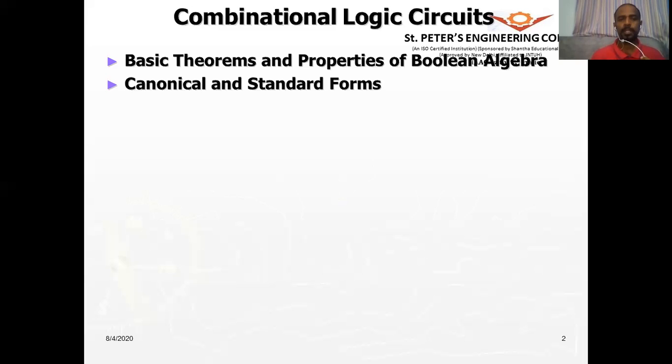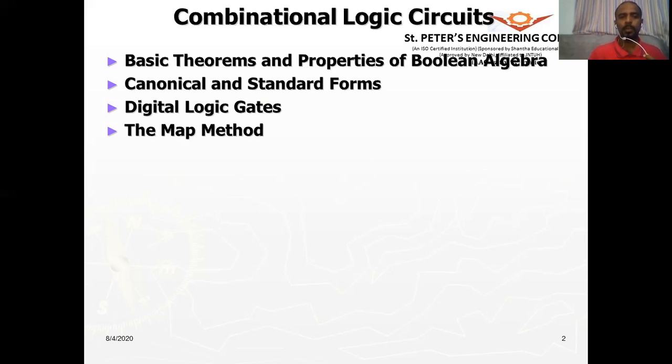Then we will represent the Boolean algebra in standard forms or the canonical forms. And we will be looking into the different logic gates, and we will look into how we can minimize or reduce the Boolean functions by using the map method. How we can reduce, that is what we will be looking into by using the map method.